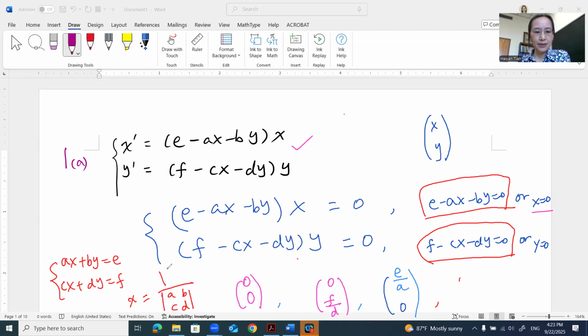The right-hand side column E, F replaces the first column of the coefficient matrix, with B, D remaining. So X can be represented as the determinant of this matrix over the determinant of the coefficient matrix.